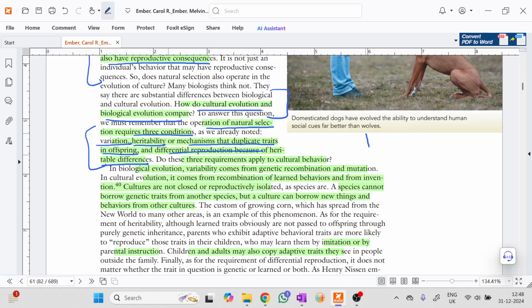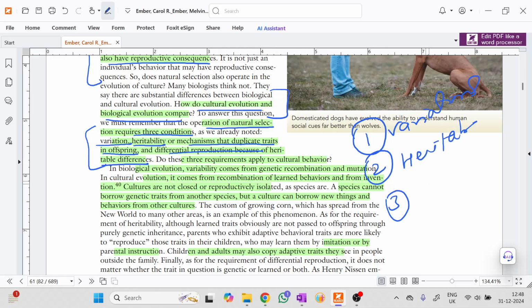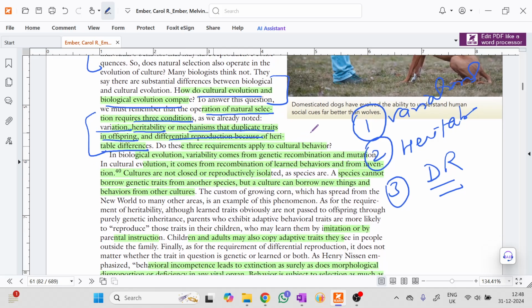So the three basic conditions are variation, heritability, and third, differential reproduction. How do the three conditions apply to cultural behavior?